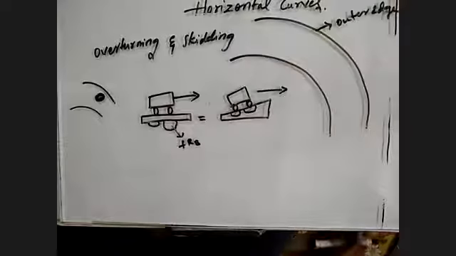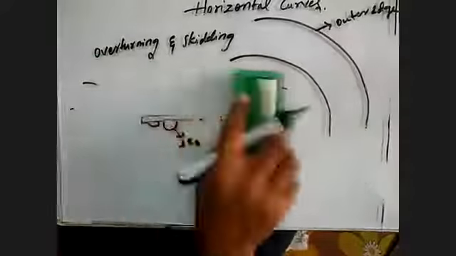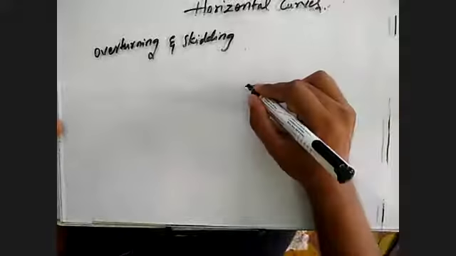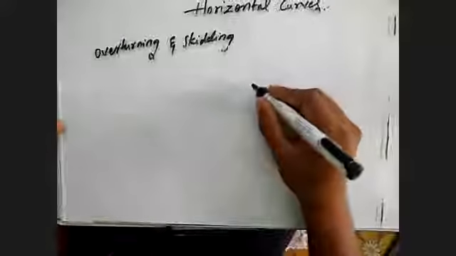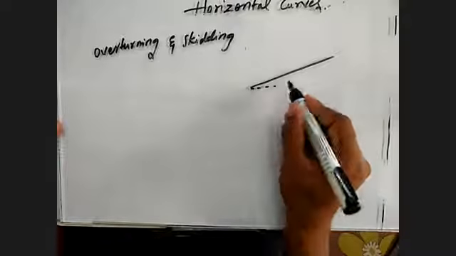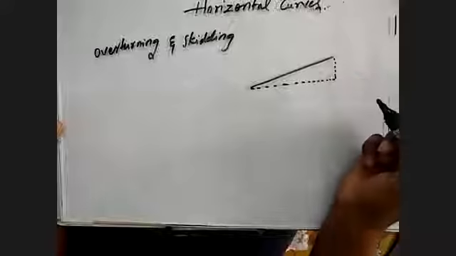Okay. Now we'll equate it one by one. What are the forces acting at a horizontal curve when we raise the edge? Let us assume this is the road edge. That's the road, and this is the cross section.